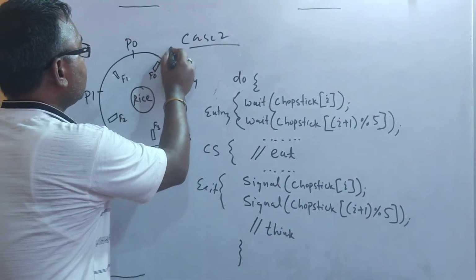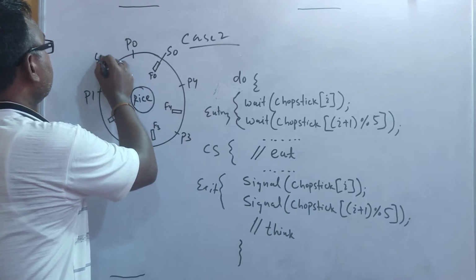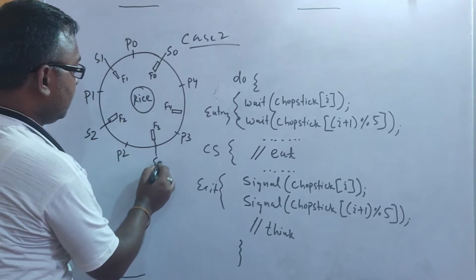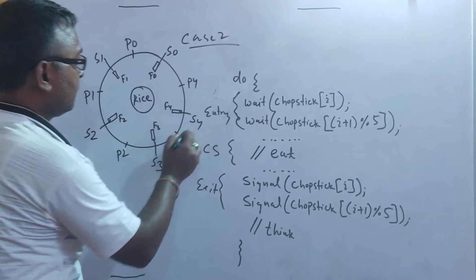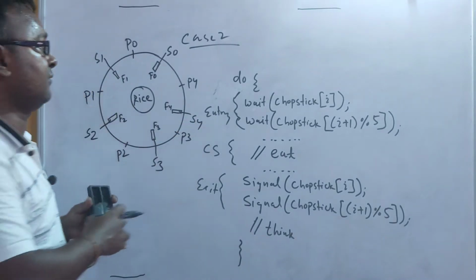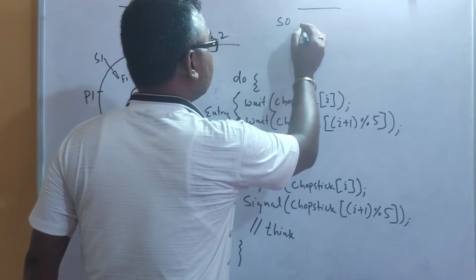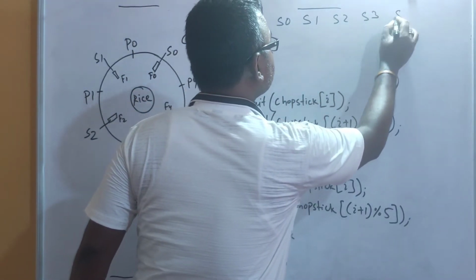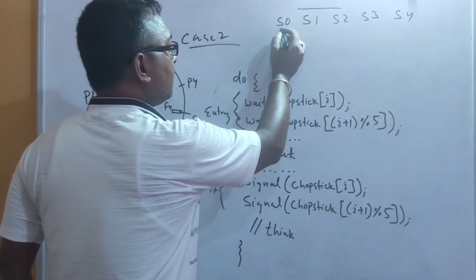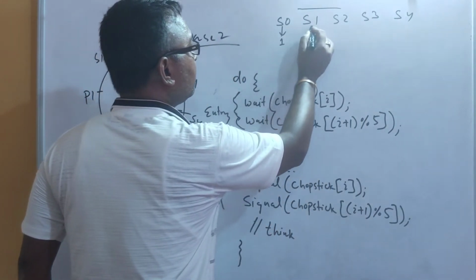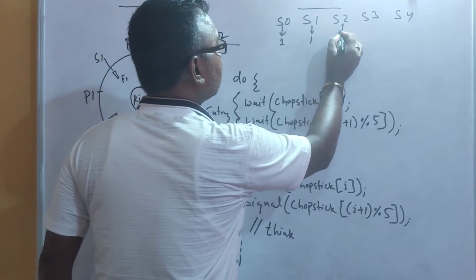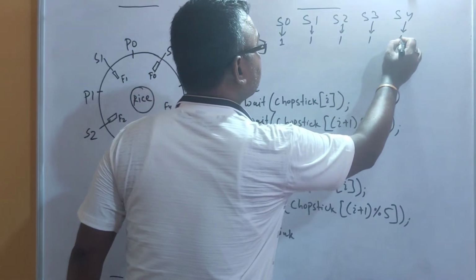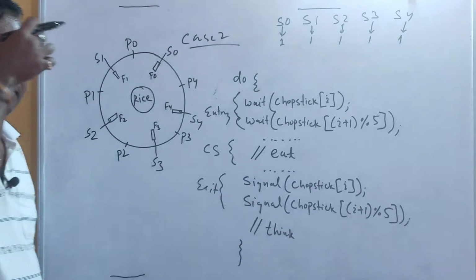For example, F0 is S0, F1 is S1, F2 is S2, F3 is S3, F4 is S4. So we are having the 5 semaphores, S0, S1, S2, S3 and S4, and each and every semaphore is initialized to value 1, right?